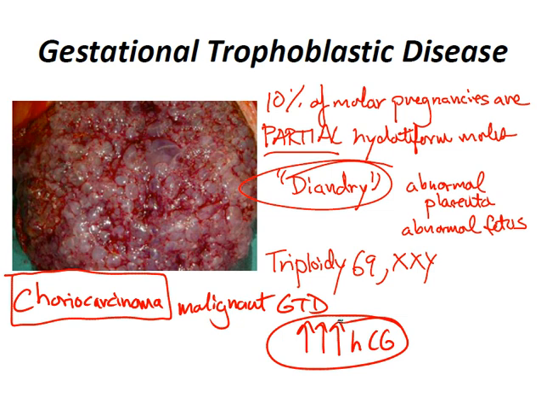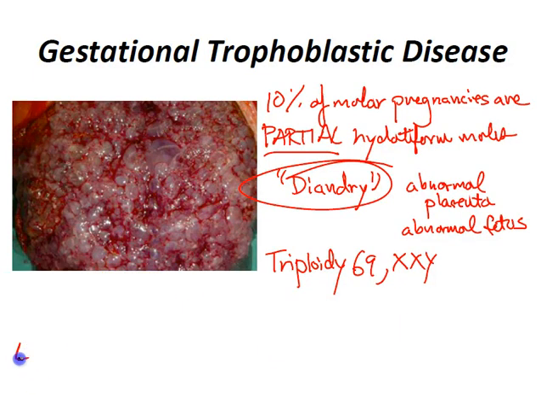Choriocarcinoma is associated with an increased frequency of theca lutein cysts. Because theca lutein cysts are stimulated by what? HCG. So that makes complete sense. Now this one with choriocarcinoma, you can get a widespread metastasis, and it usually goes, in females, where's it go?